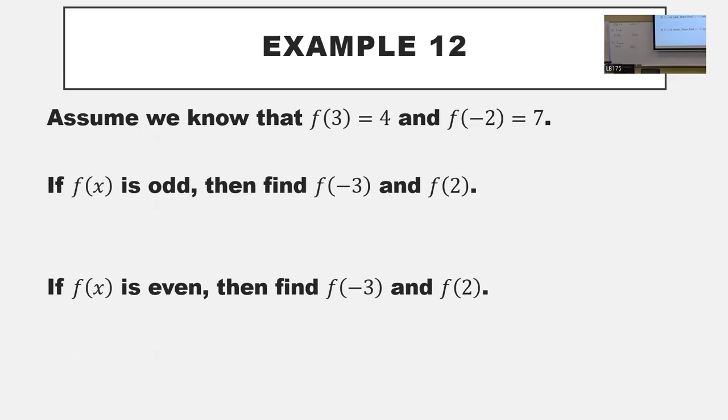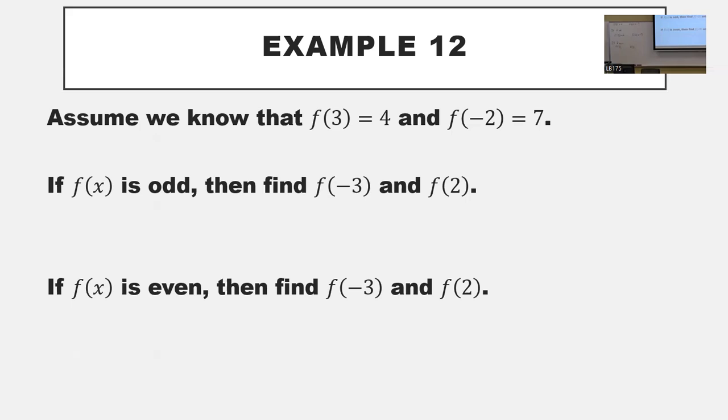The output has to be the negative of where it sends 3. So f of negative 3 is going to be negative 4. Where would f send 2 if f is odd? Negative 7, exactly. F of 2 would be negative 7. F of negative 3 would be negative 4 if f is odd.